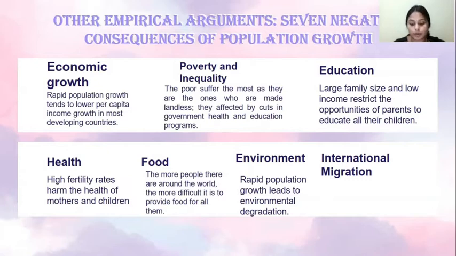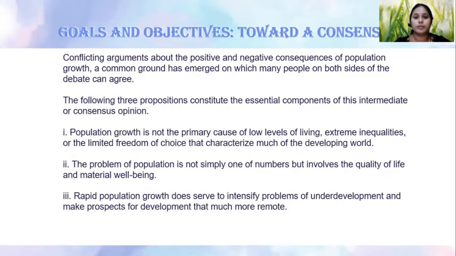It is one of the major consequences of developing country population growth. The goal and objective toward a consensus. The following three propositions constitute the essential components of this intermediate or consensus opinion. The first is that population growth is not the primary cause of low levels of living, extreme inequalities, or the limited freedoms of choice that characterize much of the developing world.